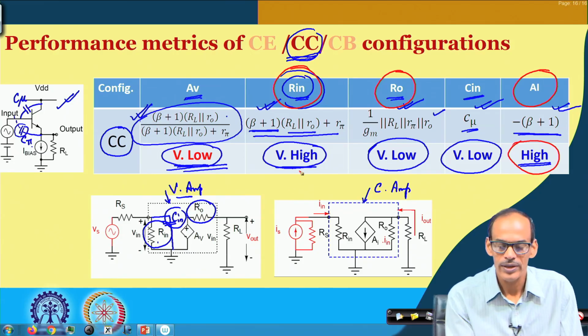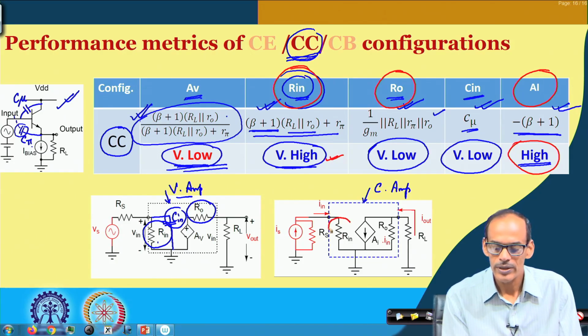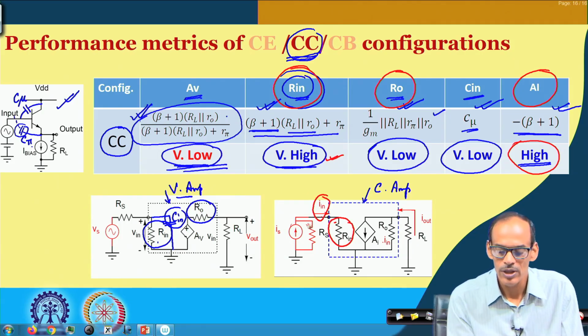If you carefully look at this, the input resistance is very high, and if the input resistance is very high, then whatever current is trying to enter may face a lot of resistance and have difficulty entering, which means that a major part of the current will be flowing through the source resistance itself.